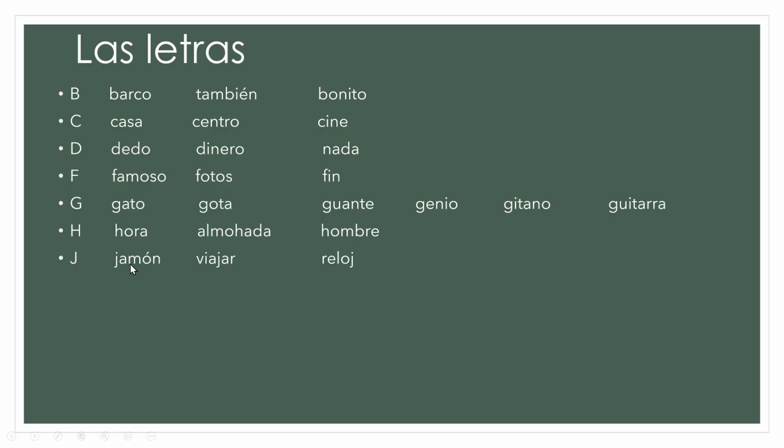J. This one sounds similar to the soft J. So it sounds jamón, viajar, reloj. K. Kilo, kilómetro, kiosco. And I'm not translating this because they're very similar to English, and I'm sure you can guess what those words mean.